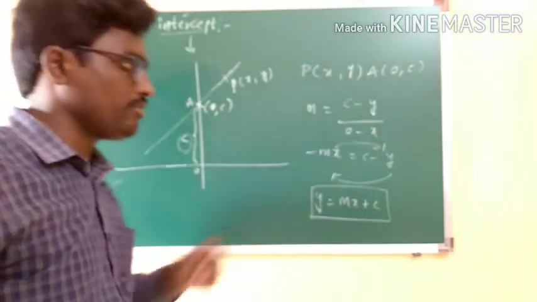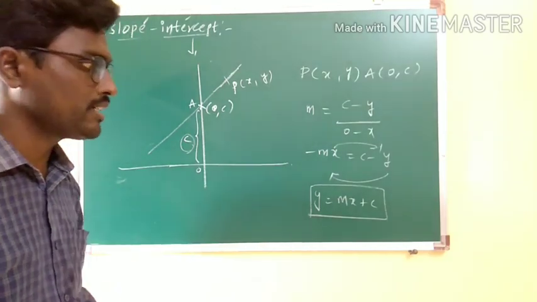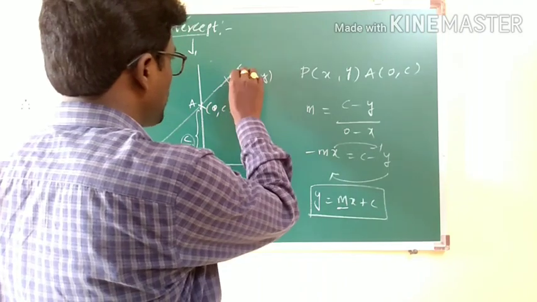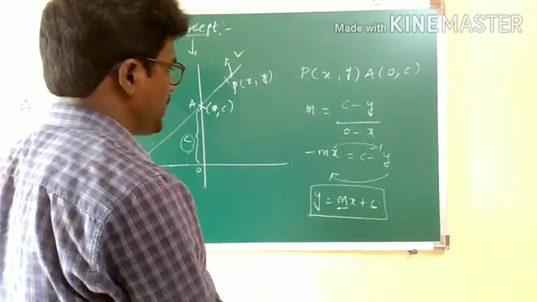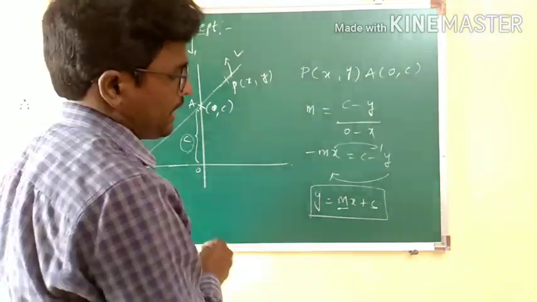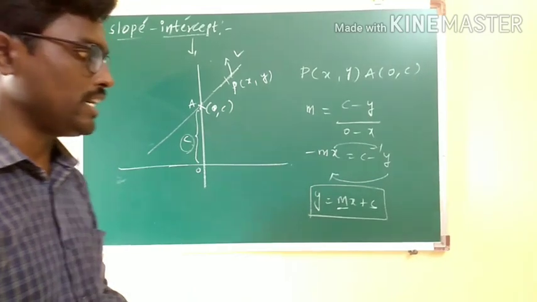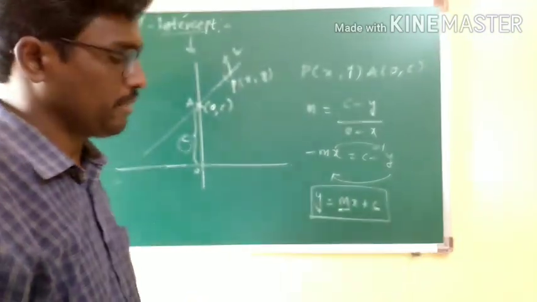So whenever you come across the slope intercept form, the standard output is y is equal to mx plus c, where m is the slope of the line L and c is the y-intercept, where it cuts the y-axis. You can substitute those values in the equation directly to get the result, that is y is equal to mx plus c.